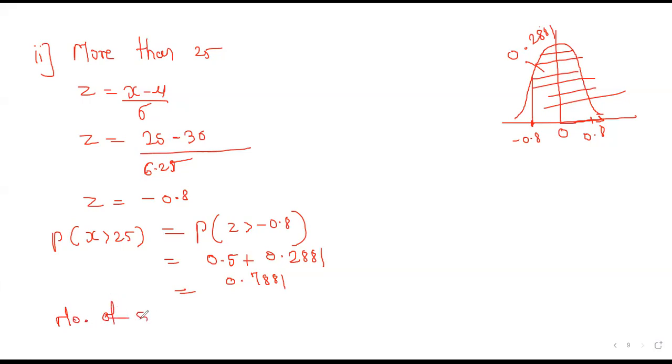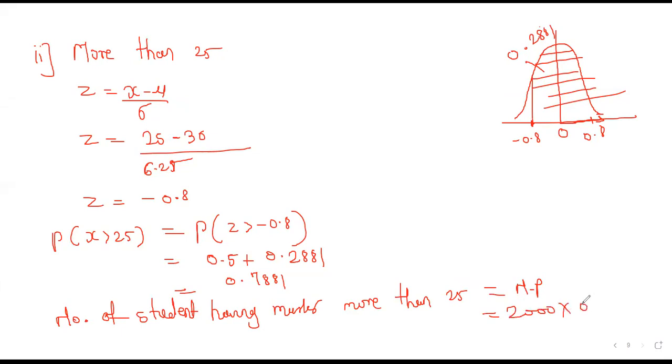So number of students having marks more than 25 is equal to capital N into P, which is equal to 2000 into 0.7881, which is equal to 1576.